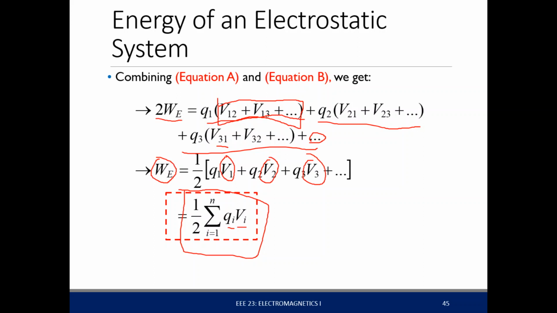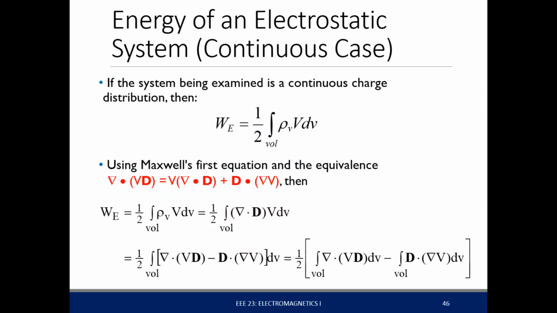If we have a continuous system with a charge distribution, then we can get the potential energy in that volume by getting the volumetric integral of this expression right here. So using Maxwell's first equation, this is rho v, your charge distribution, and v, which is your voltage.